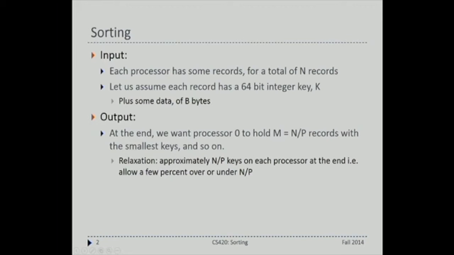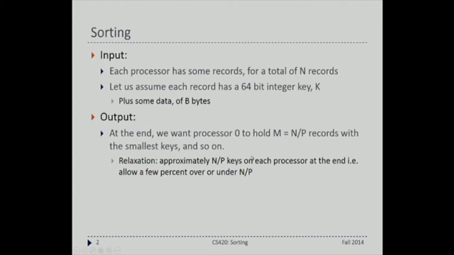Approximately N over P is good enough, because making it exact is quantization-wise impossible. Maybe the total number of keys is not divisible by the total number of processors, so at least plus or minus 1, there will be a difference. The reason we want them equally distributed is for the sake of load balance of the subsequent algorithm we're going to run on them.